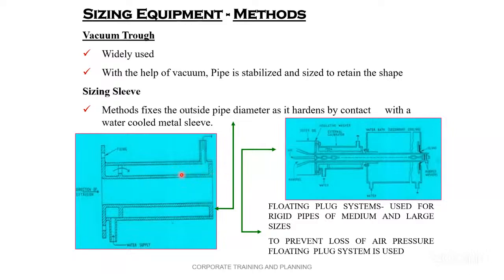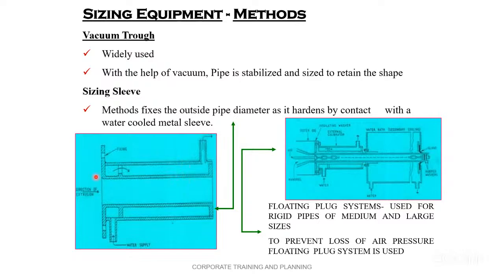But here, due to vacuum, the pipe does not collapse, friend. And you will get a shine. If you want a good shine on the pipe, then you have to use the vacuum trap method. Remember this. If you want a good finish on the outside diameter of the pipe, then use this.